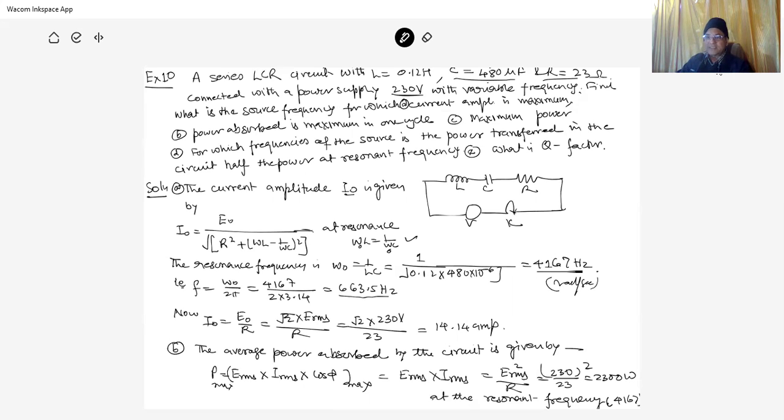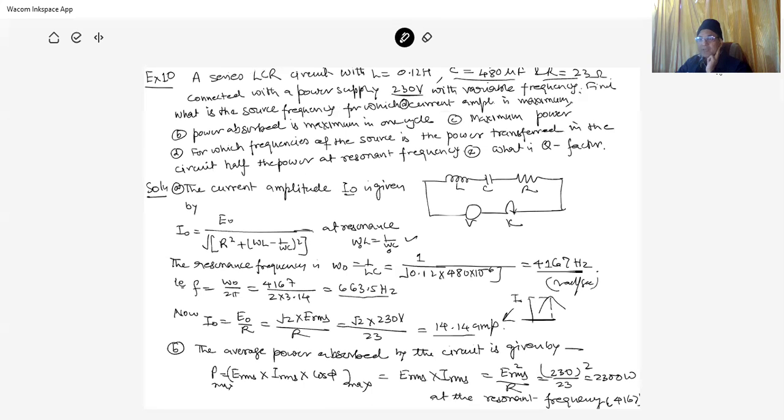Now I0 is E0 upon R, that is root 2 into E RMS by R. So this value gives the current, that is 14.14 ampere. So the maximum amplitude of current is 14.14. Why is it maximum? Because the variation is something like this, and this value is I0, that is maximum.